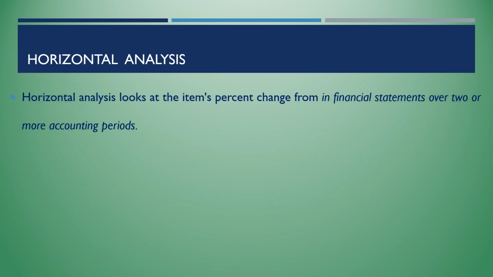Horizontal analysis looks at an item's percentage change from one financial year to the other. Here we look at the change in the financial statements over two or more accounting periods.